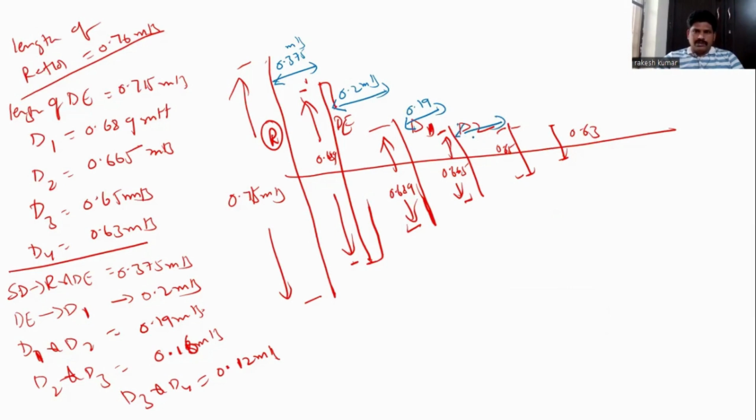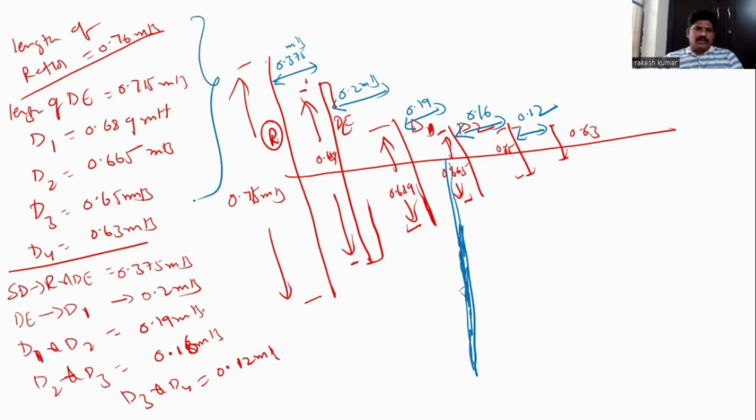Then 0.16, and here the separation distance is 0.12. So this is the design of the Yagi antenna. You want to calculate the length of the various elements present in the Yagi antenna and the separation distances.